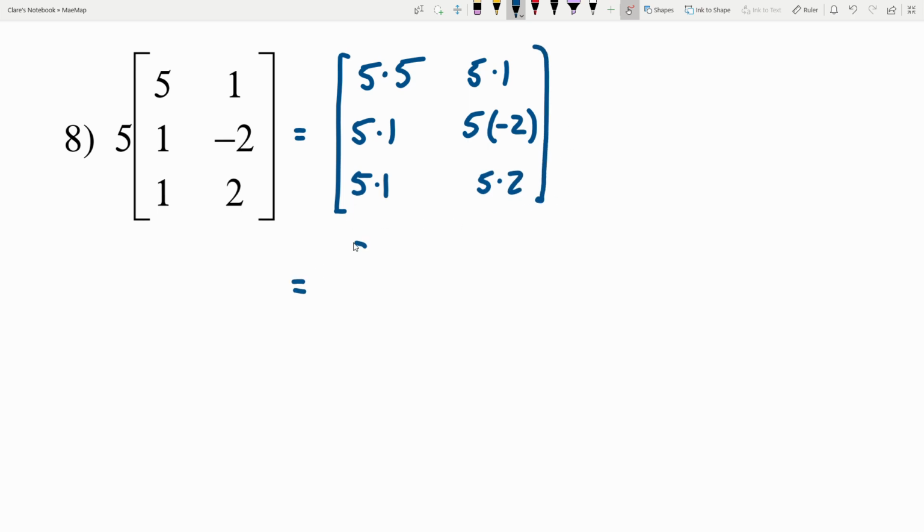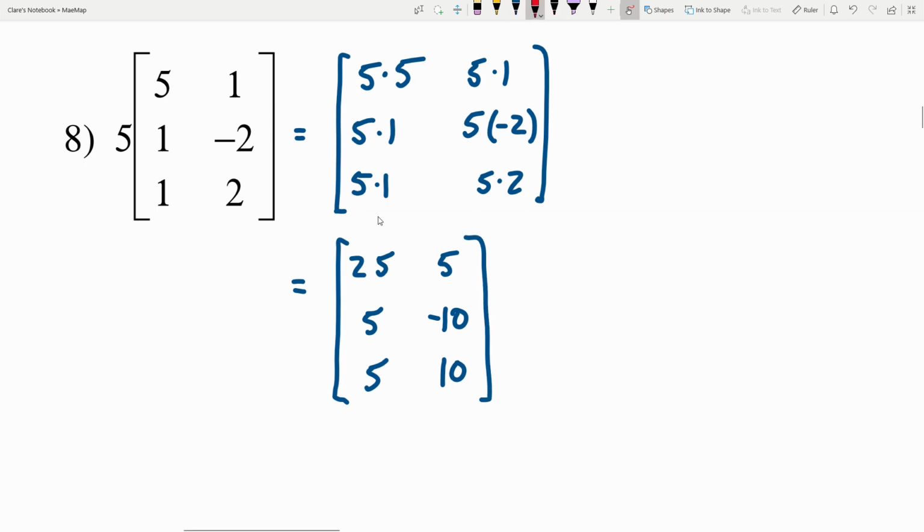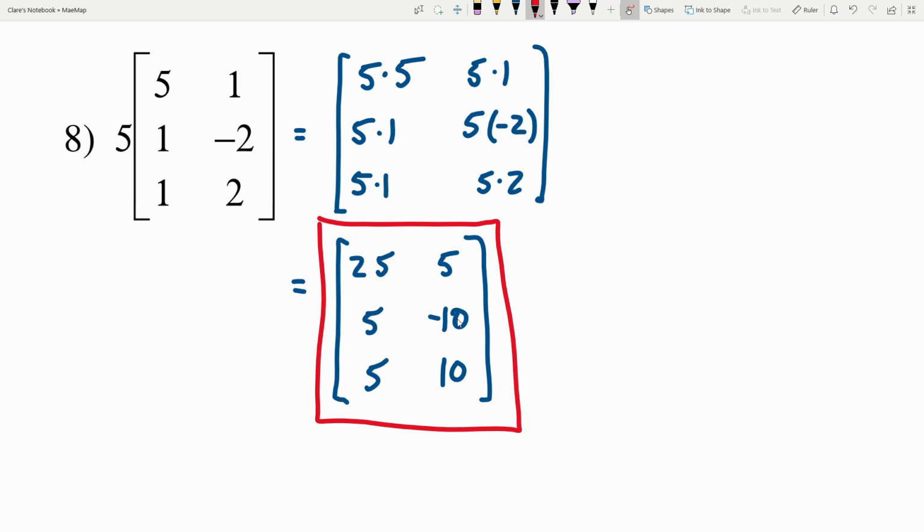So that's going to result in, well, my 3 by 2 is going to be 5 times 5, which is 25, 5 times 1, which is 5, 5 times 1, which is 5, 5 times negative 2, which is negative 10, 5 times 1, which is 5, and then 5 times 2, which is 10. So reading by row, that's 25, 5, 5, negative 10, 5, negative 10, or reading by column, 25, 5, 5, 5, negative 10, 10.